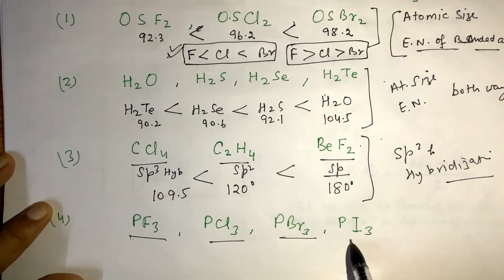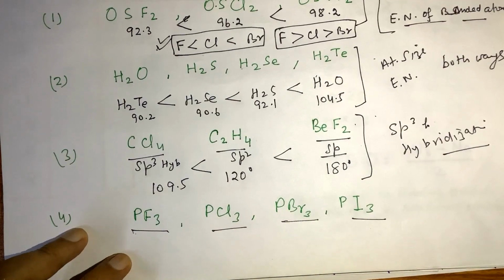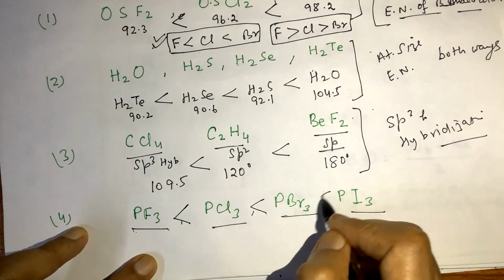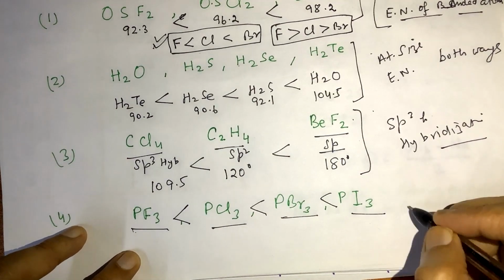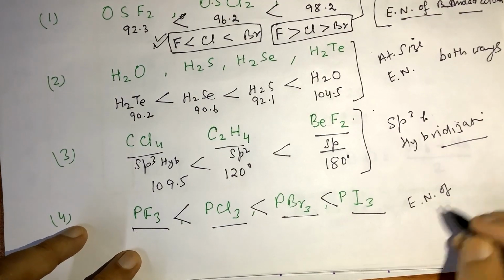Now the fourth question is, these four molecules. We see that there is a trend that this bond angle is less than this, and this is according to the electronegativity of the bonded atom.